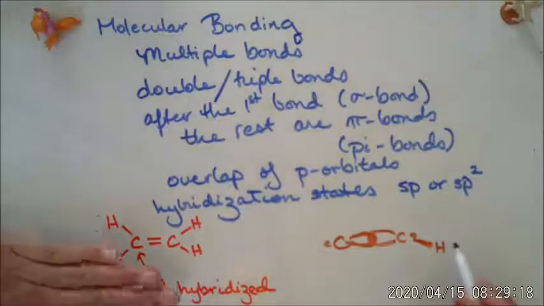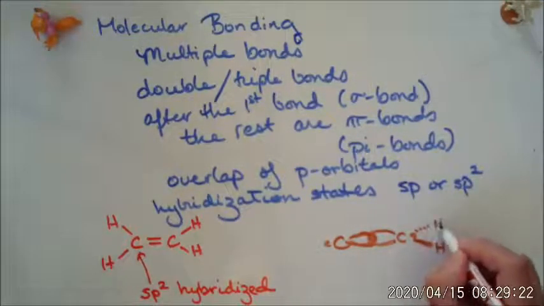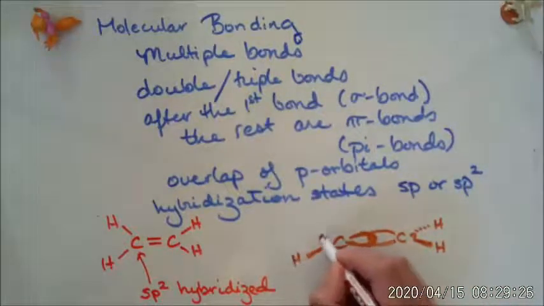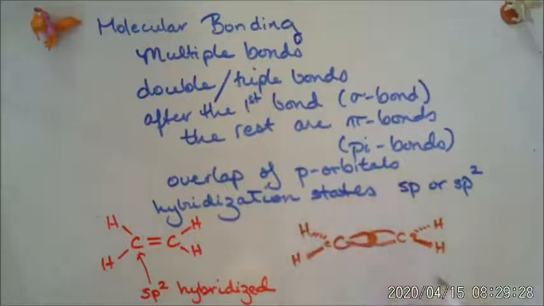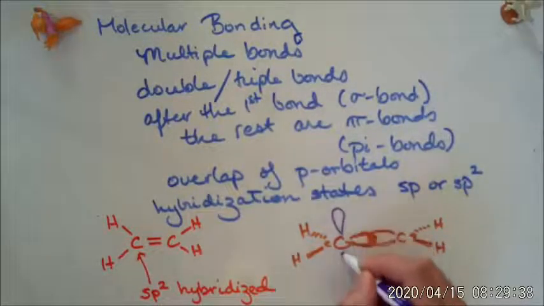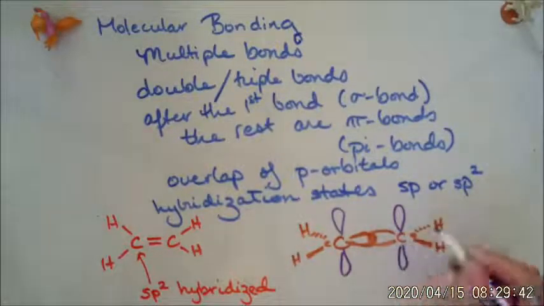And then what I'm going to do is take this and rotate it 90 degrees, just the molecule, not the bond, just so it's a little easier to see the p orbital. So if I do that, then my p orbitals are going to be in the plane of the board.